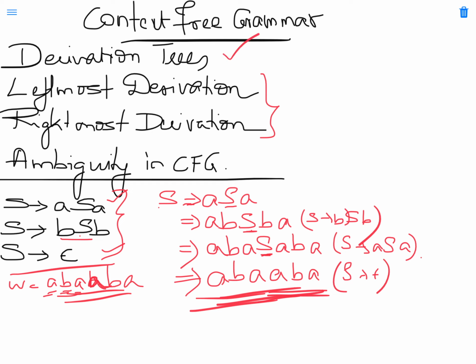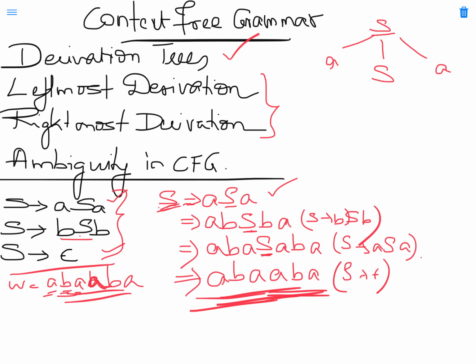So we can see how it can be drawn as a tree. You start with the start symbol itself, similar to the derivation. Here also we start with the start symbol S. What is the first production we have used? S gives ASA, so you can draw A, S, A. S is the root, which is a non-terminal.